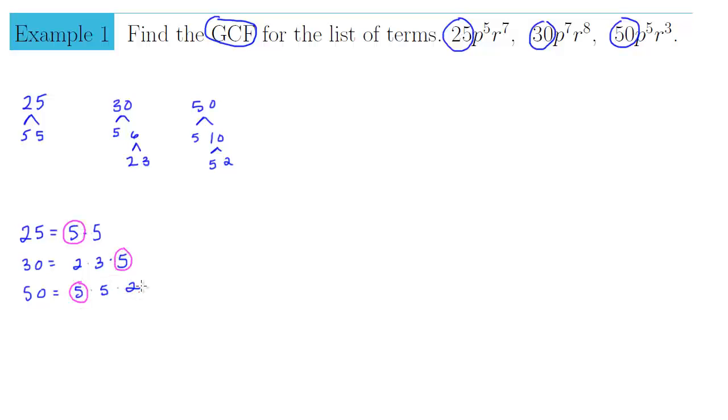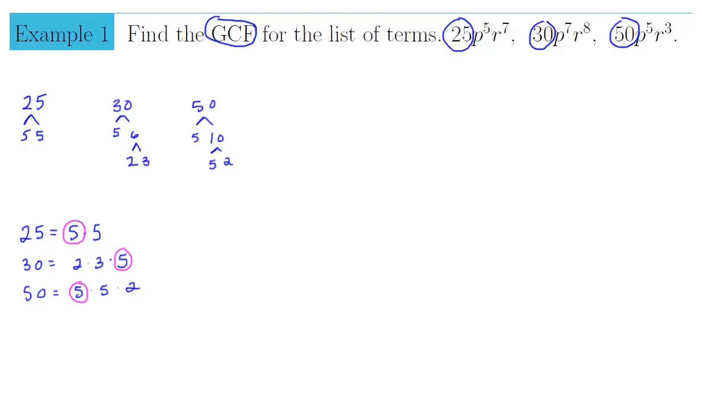This 50 has a 2 in it, but 25 doesn't have a 2 in it, so that can't be part of the GCF. And 30 has a 3 in it, but 25 and 50 don't have a 3 in it. So for the three numbers, the GCF is 5.